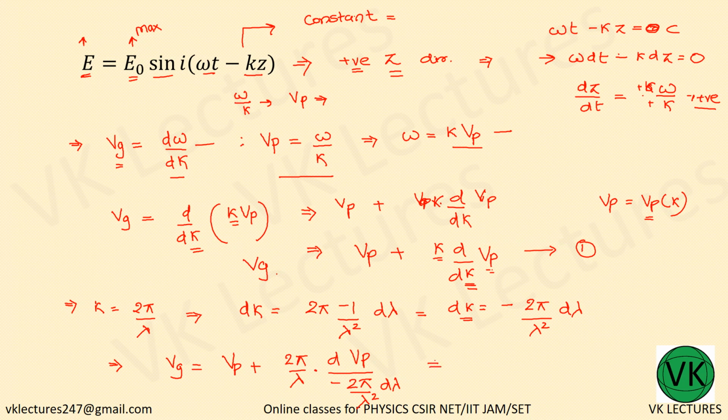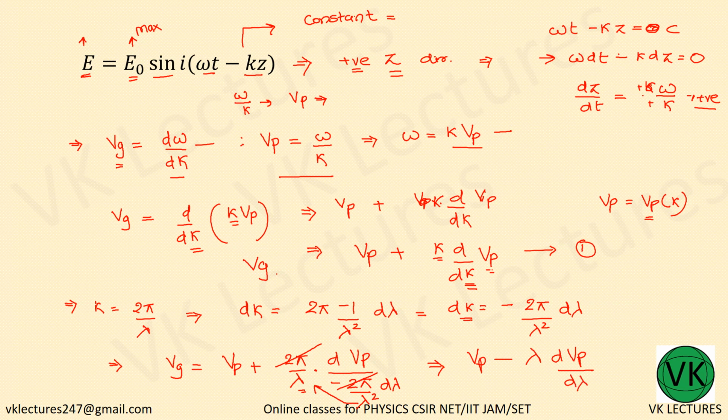Now just rearranging and cancelling out unwanted terms. Here you have 2 pi and 2 pi, which can be cancelled, which gives you Vp. The minus will go here. This lambda square goes up to the numerator, which will cancel with lambda in the denominator and give you lambda over here. dVp will remain as it is, and in the denominator you have d lambda.